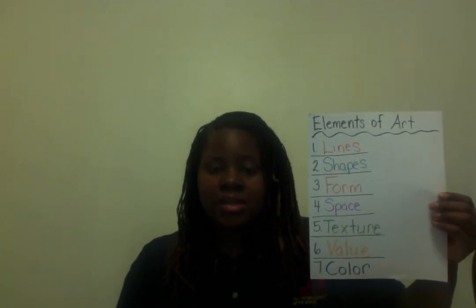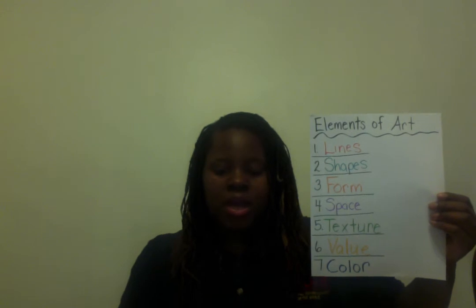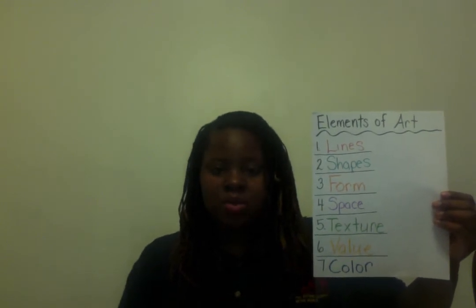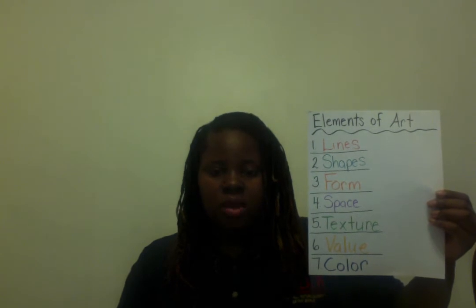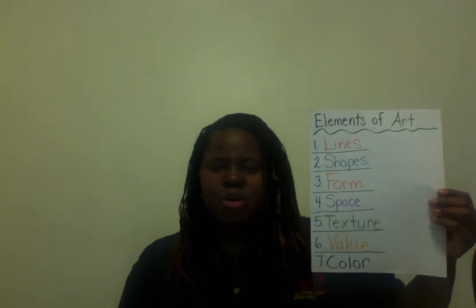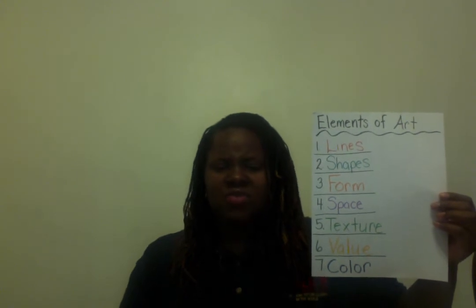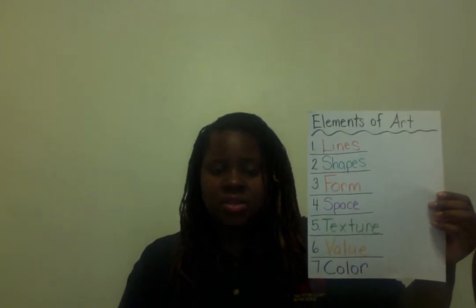Then there's space. That's how you work on your paper or on your canvas and how you spread those different things out. Then you have texture. That's more so a feeling. You have the bumpy, you have the smooth, you have the rigid, different textures.